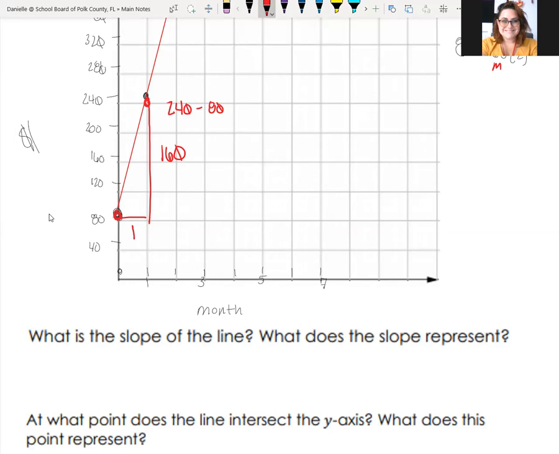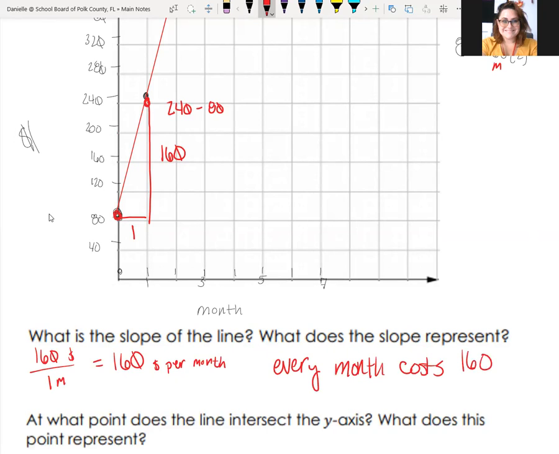So our slope is going to be $160 divided by 1 month, or we could say $160 per month. And what does that mean? That means that every month I am paying $160. Every month costs $160.